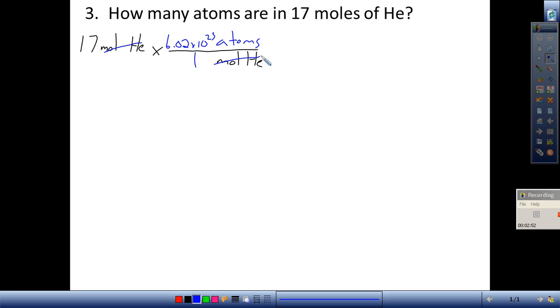Cross off my like units and multiply across. And again, I'm just going to multiply 17 times 6 and tack on my exponent.